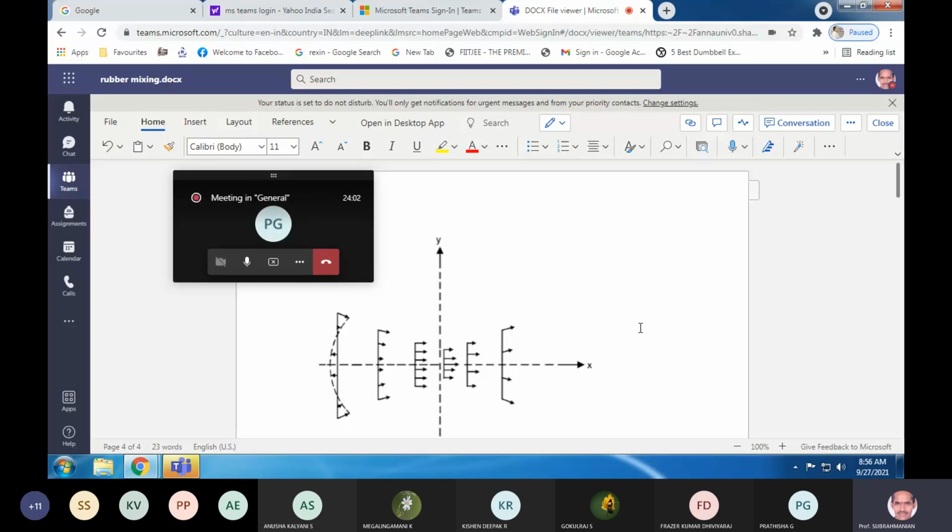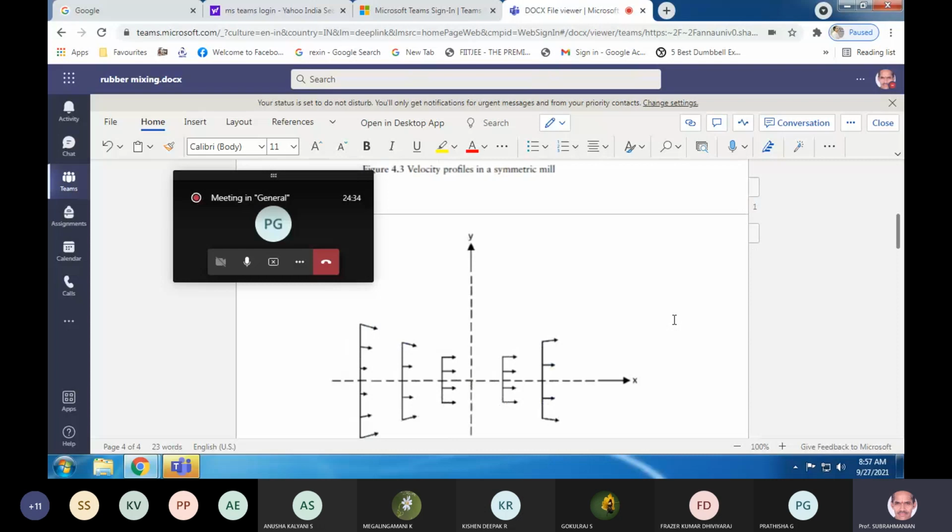So fillers help in imparting certain mechanical properties after cross-linking, and during the course of processing, like calendering, film formation. And in case of extrusion, it is escaping through a narrow opening. We call it a die. Okay? So the extrusion die.